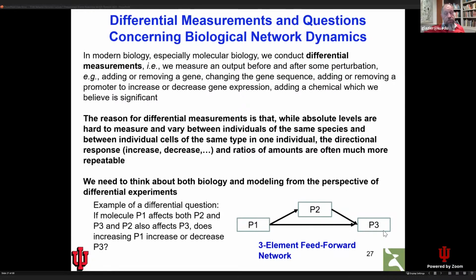But if the level of fluorescence is getting brighter, then that probably means the number of molecules is increasing. And so it's much easier experimentally to measure the directions of change, or whether the change is faster or slower under certain circumstances, than it is to measure how much we have and how fast things are changing.